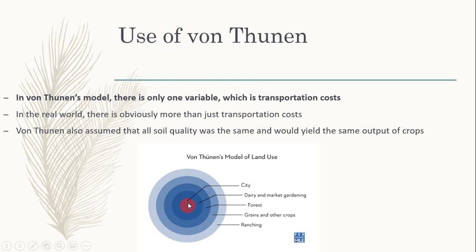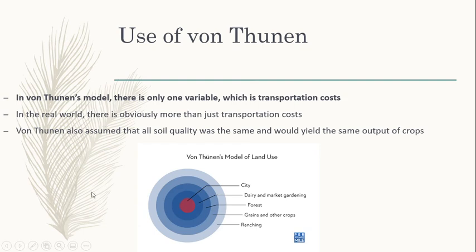If we see here in the center, this red dot is the city. So dairy and market gardening would be very close to the city. Market gardening would be stuff like cherries or strawberries. That's going to be intensive agriculture.